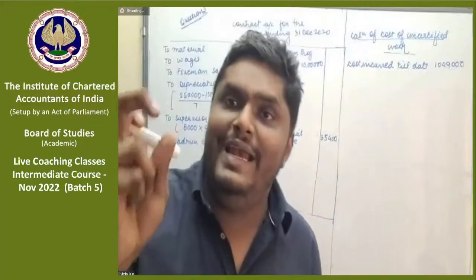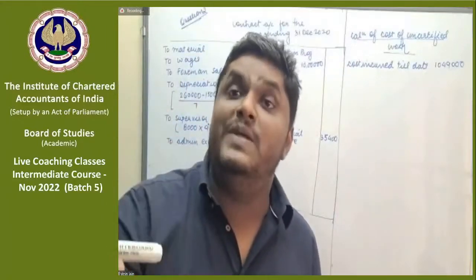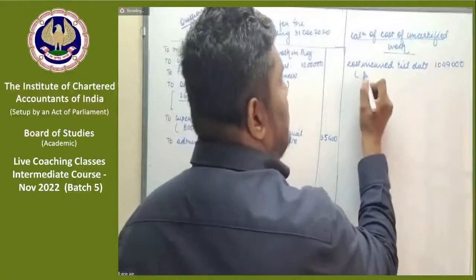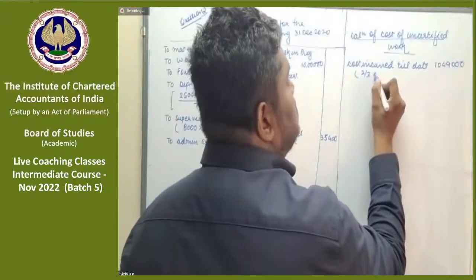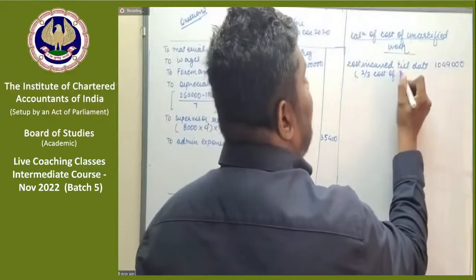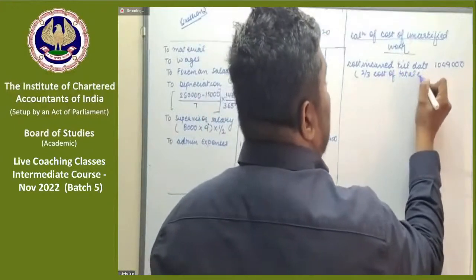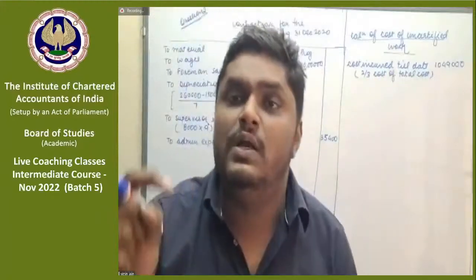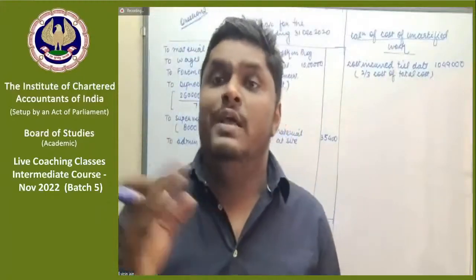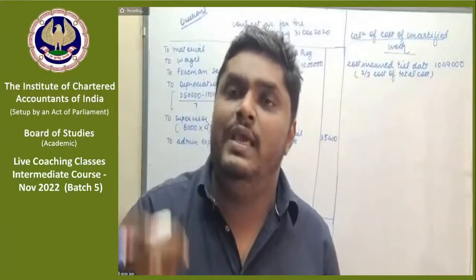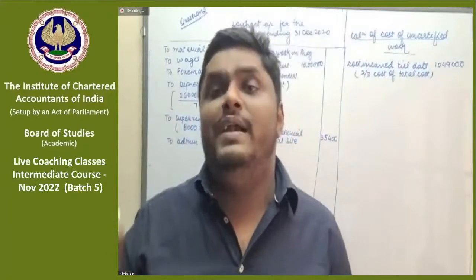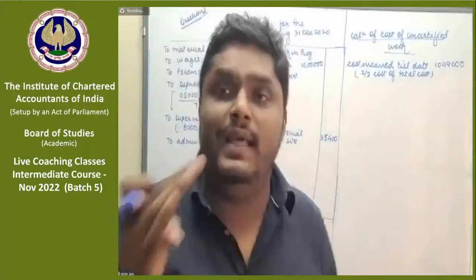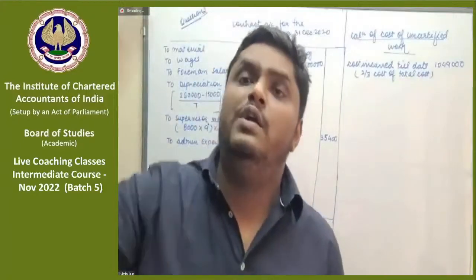Now this 10,49,000 represents 2/3 of the work completed. It means this is the 2/3 cost of the total cost. Since the question clearly mentions that the work completed is 2/3 of the total contract, this 10,49,000 is the cost of the 2/3 work.